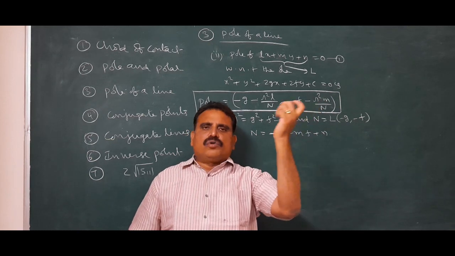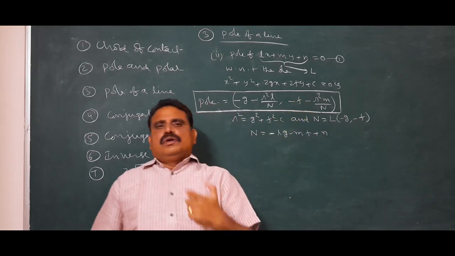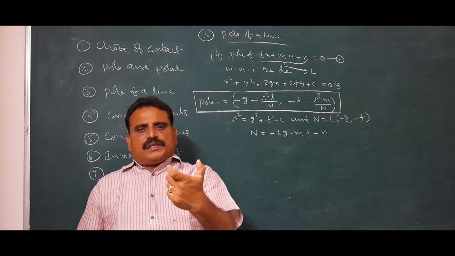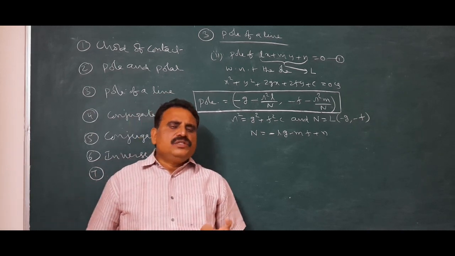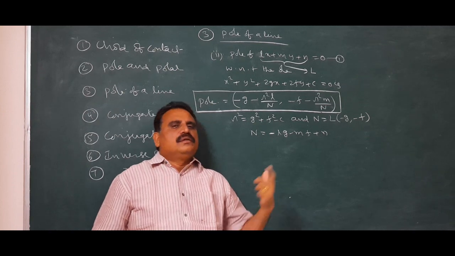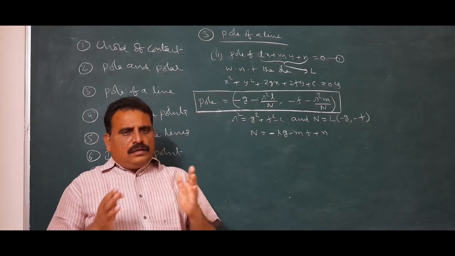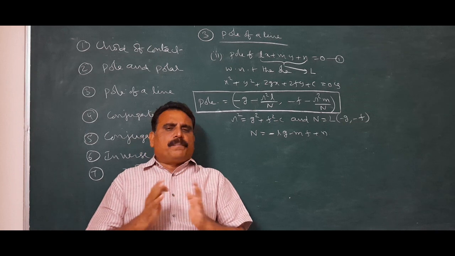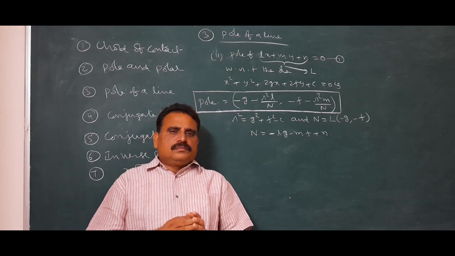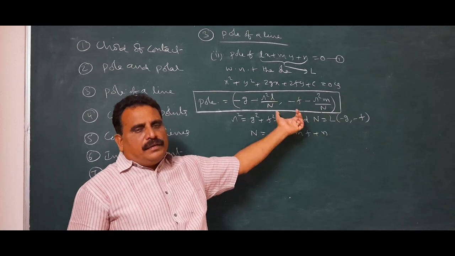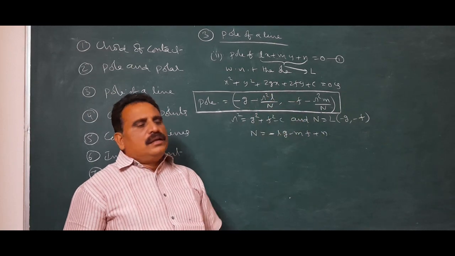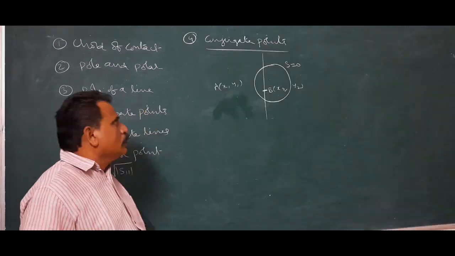The same method you have to apply. We get the pole. After that, find the new point using the change of origin concept. Then we get this. In problems, we can easily apply this formula. We get the pole of the line with respect to the given circle in a short way.